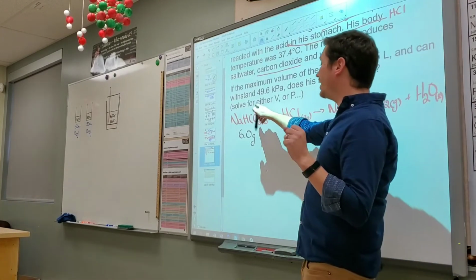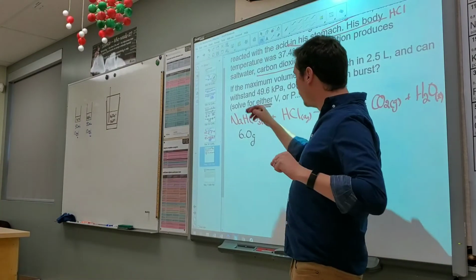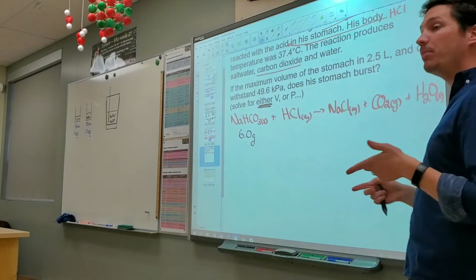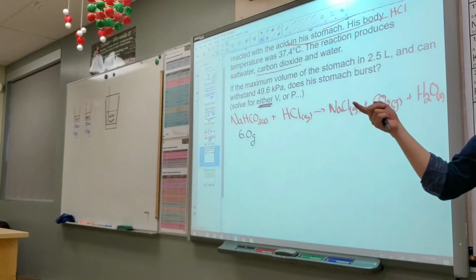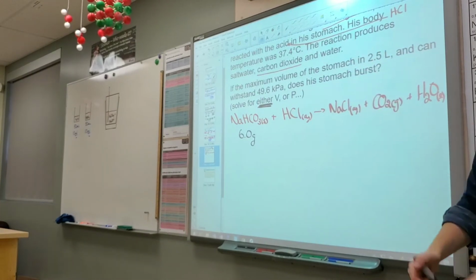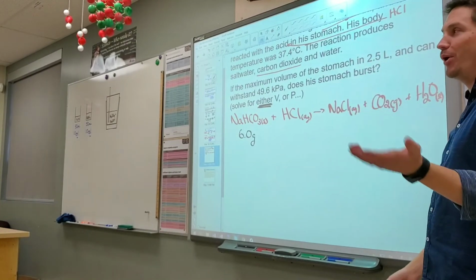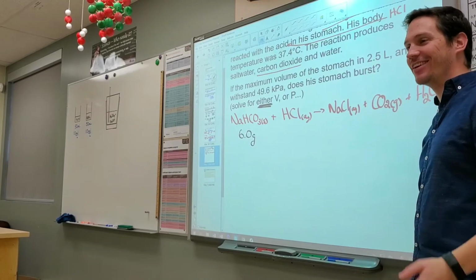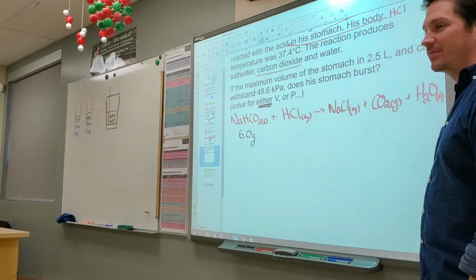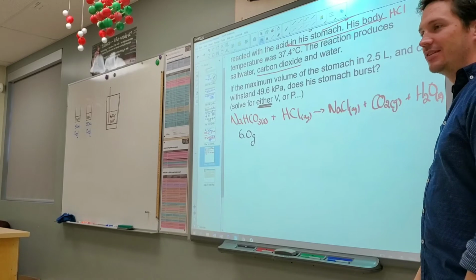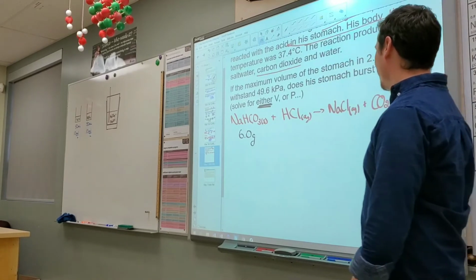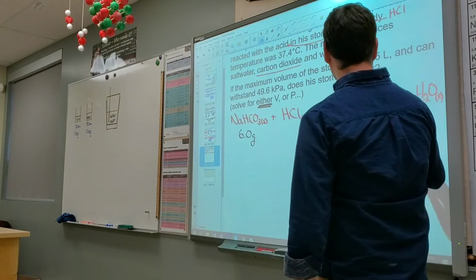Solve for either volume or pressure, not both, because then you have two things you're solving for, and that's not possible. They're both equally easy. Hands up for volume. Hands up for pressure. That's a dead split. We're going to solve for pressure.